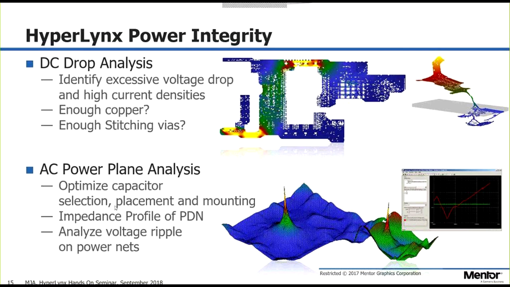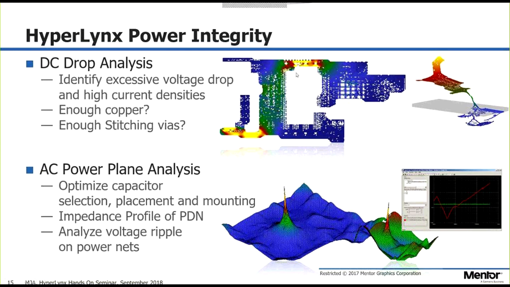I'm supplying 1.5 volts at the power supply section, but with all that power being pulled, there are various resistances in the power distribution network that are going to cause that to drop down. Am I going to get the right voltage at my chips? Also, I want to look at current density. I have areas that are extremely high in current density, which is going to cause heating and possibly some failure. So this is a tool to help you analyze those types of aspects.